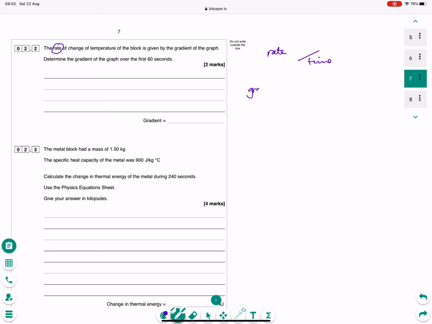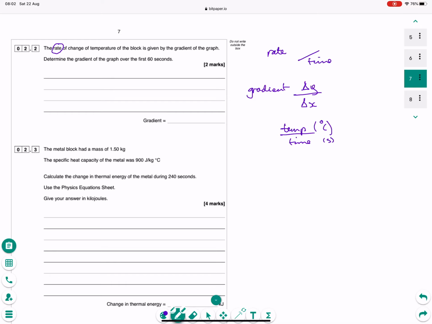Rate of change on a graph is the gradient as determined by the change in y, vertical axis, divided by the change in x, the horizontal axis. And in this case, we have temperature changing with time. Temperature in degrees C, time in seconds.